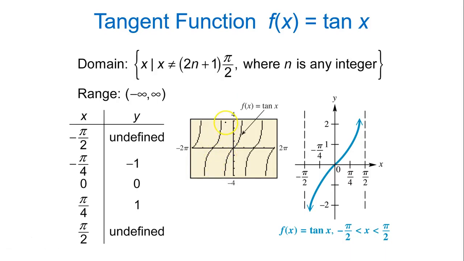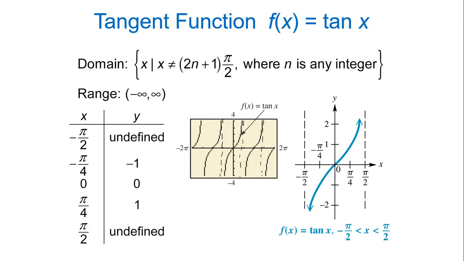So these values that you see that are not here, those are your vertical asymptotes. These tangent and cotangent graphs have an infinite amount of vertical asymptotes.